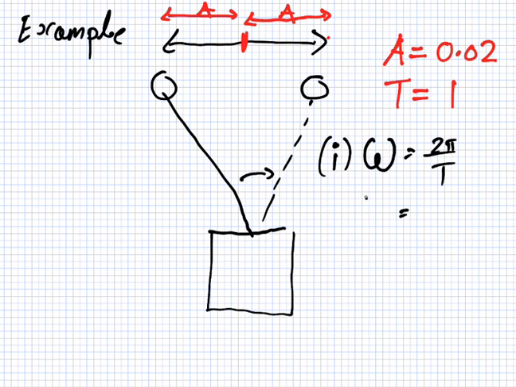Can you see that? So here omega would equal 6.28. Okay. The maximum velocity. Calculate this for me.